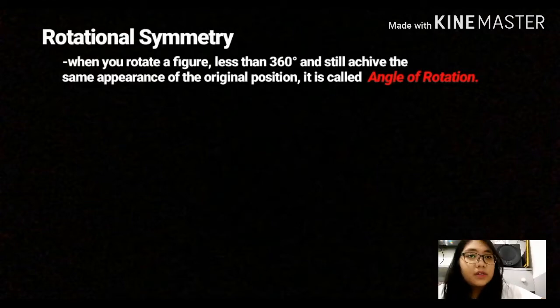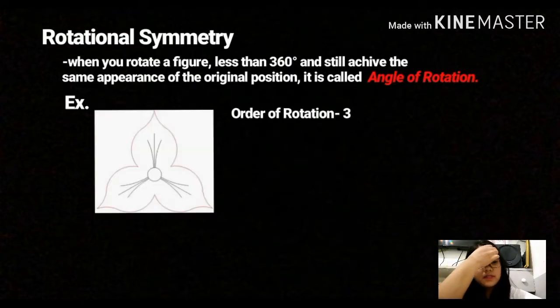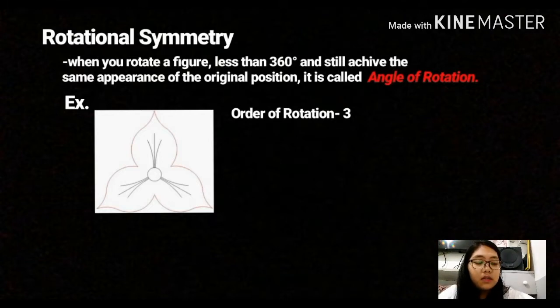An example here is this flower with 3 petals. So the order of rotation in this figure is 3. That means it is how many times you can rotate this figure before getting back to its original position.